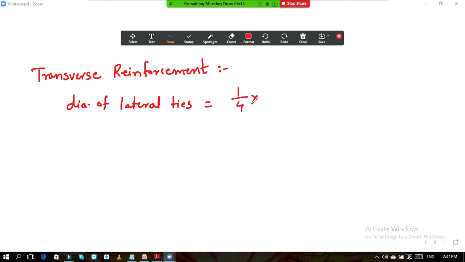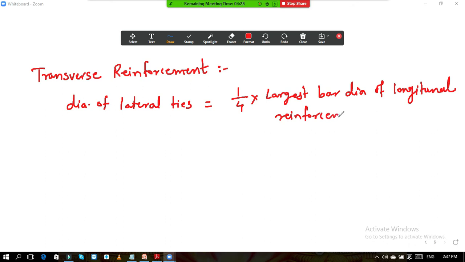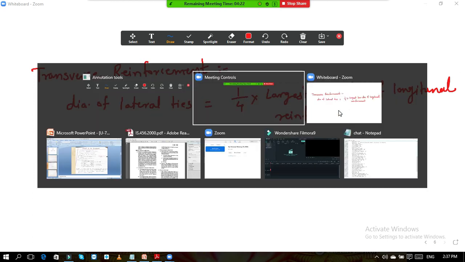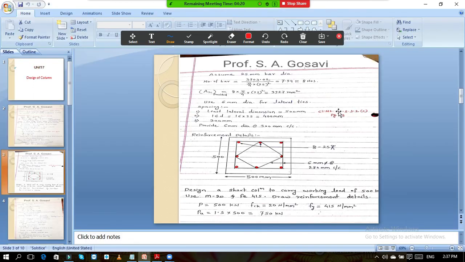It is 1/4 into the largest bar diameter of longitudinal reinforcement. And why are we stating it like that?